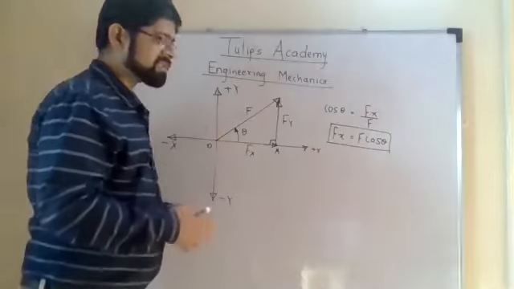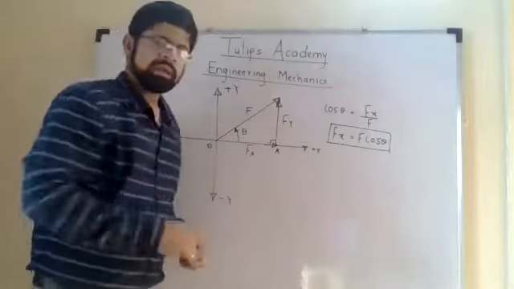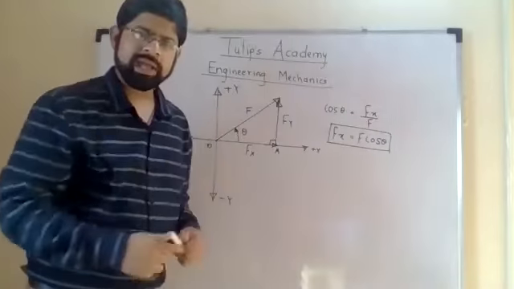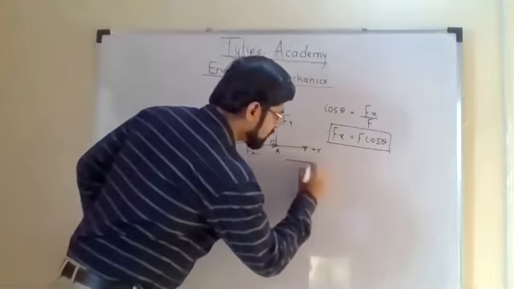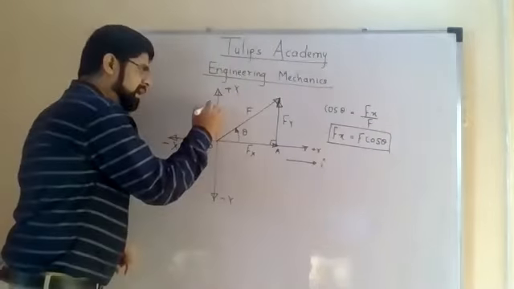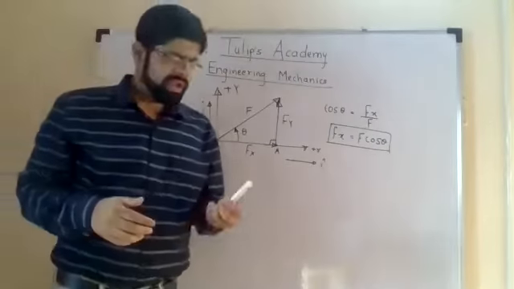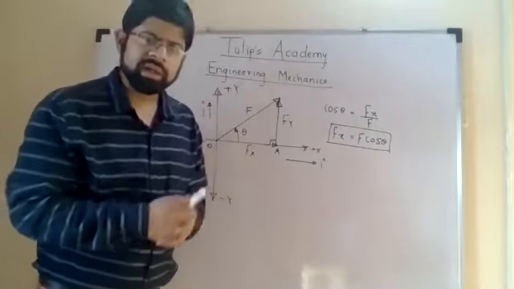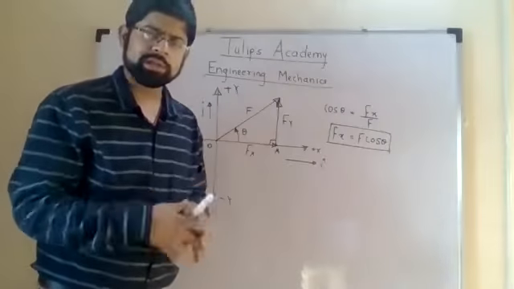The vector form of Fx is Fx bar. That is the product of the magnitude and the unit vector directed along the x-axis, that is i cap. We know that the unit vector directed along the x-axis is i cap and the unit vector directed along the y-axis is j cap. And the vector form of any vector quantity is the product of its magnitude and the unit vector directed along that axis.